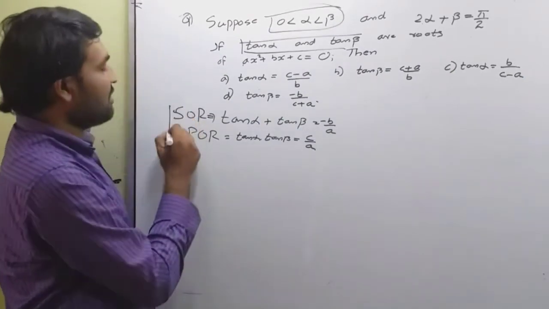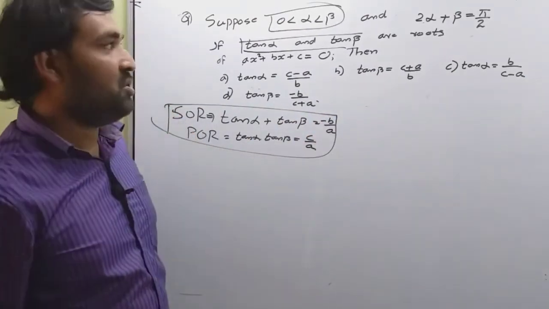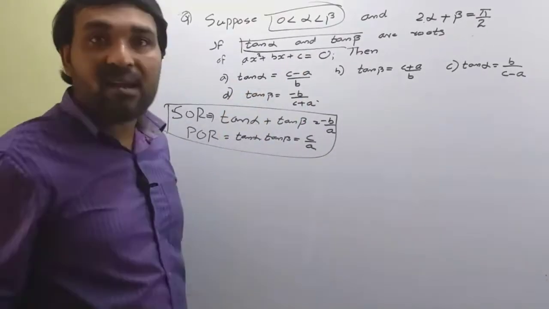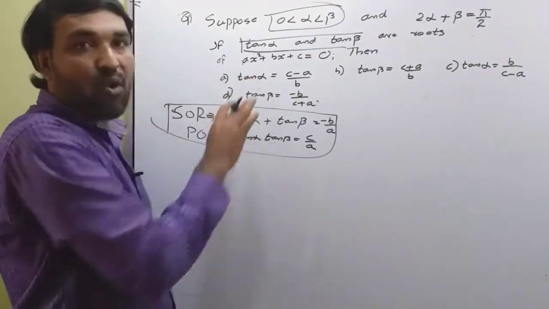Right. So these are the known quantities. Now we want to find the value of tan alpha and tan beta from these options.